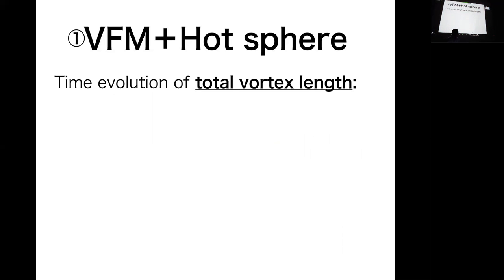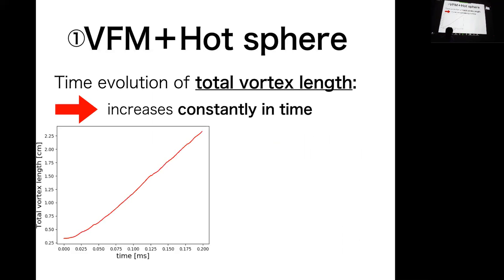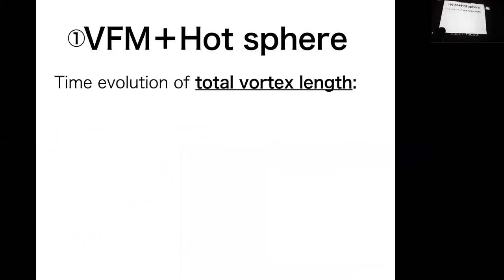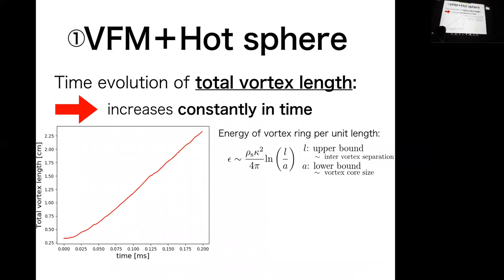Then let's see how the total vortex length evolves in time. It turns out that it increases constantly in time. What does it mean? We can understand why it behaves like this.